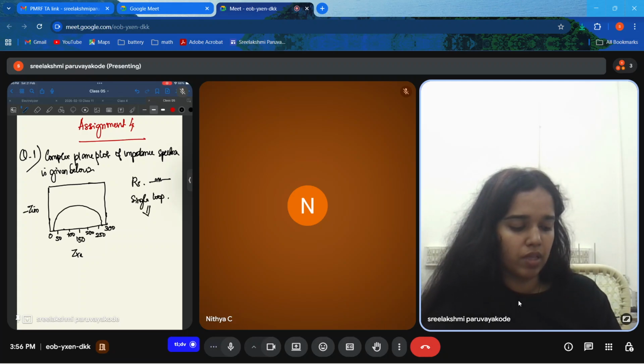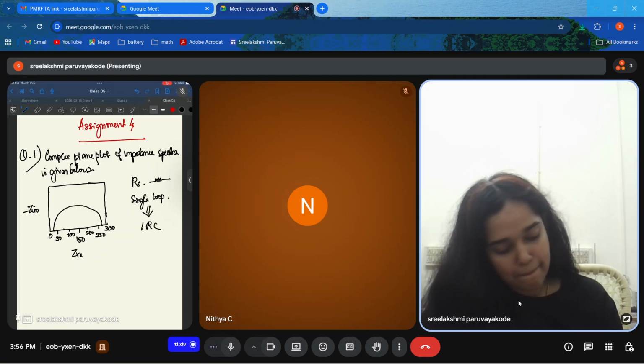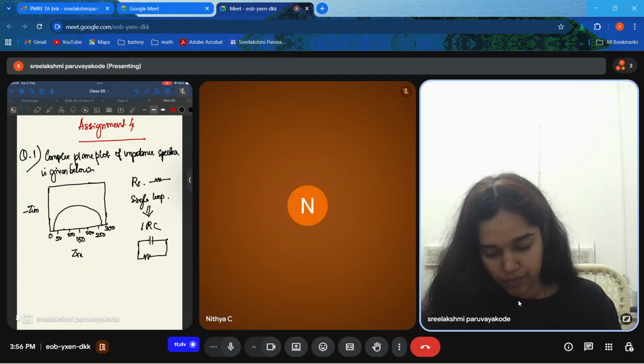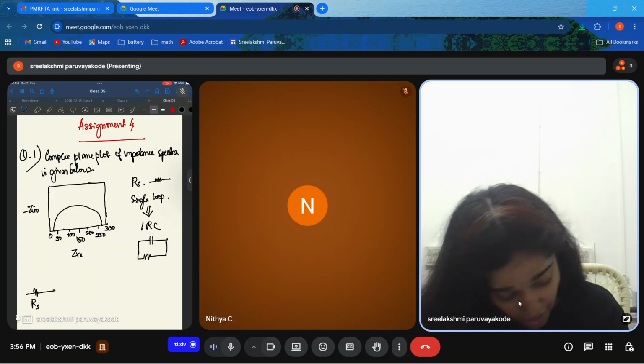Single loop means one RC, right? So one RC means you have one capacitor and one resistor in parallel.